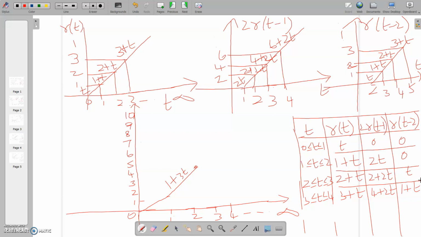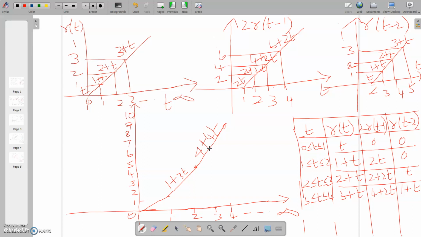For 1 duration, 4 times we have to increase. So up to 8 we will be increasing, because 4 plus 4t, we are starting from 4, and 4t means for 1 duration we have to increase by 4 amplitude values. So 4 plus 4 will be 8. So we will be having the signal like this. This is nothing but 4 plus 4t.